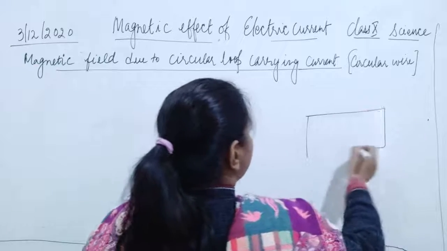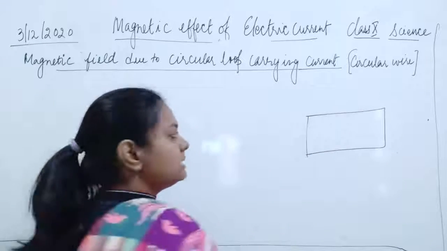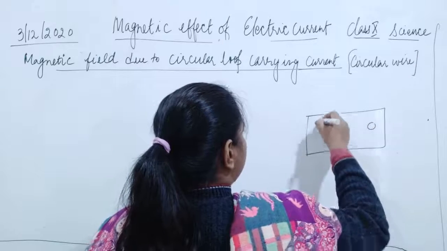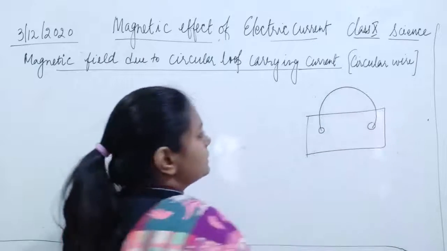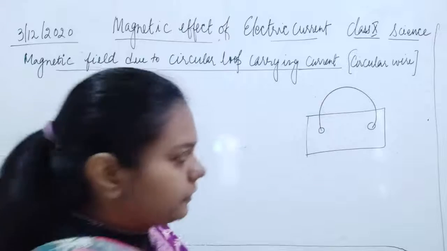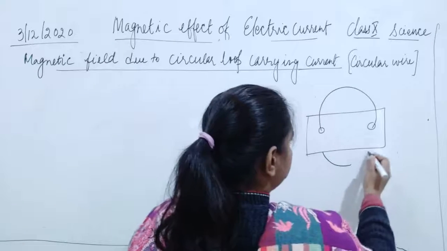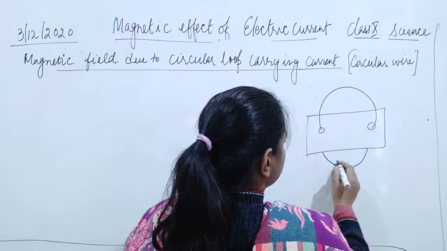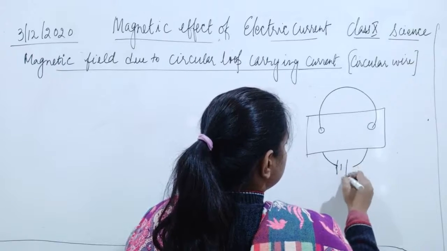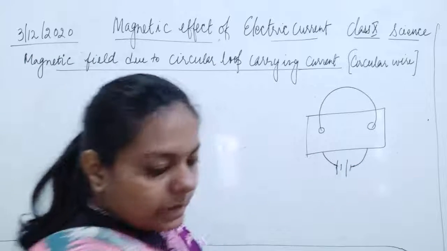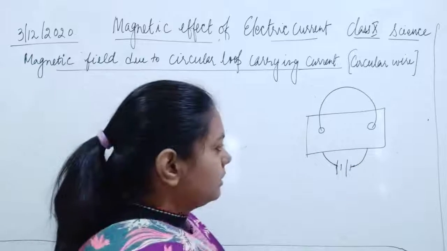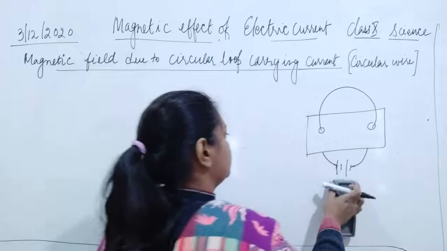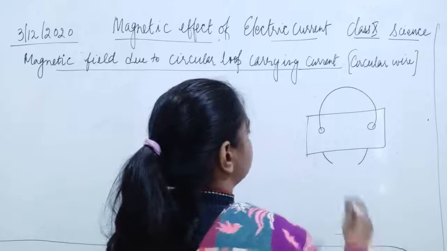We'll take one cardboard, but this cardboard will have two holes in it, and a circular wire is going to come in this manner. This is connected with a battery, or you can draw it more clearly, like this.